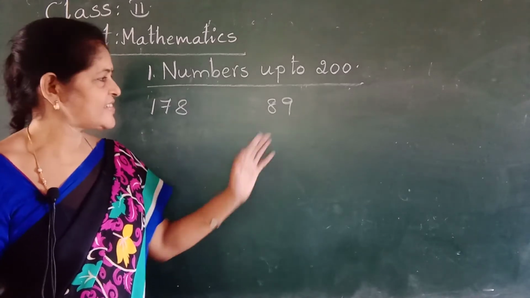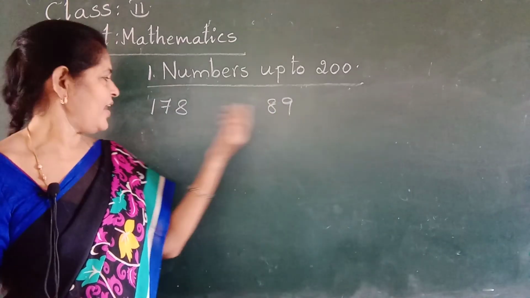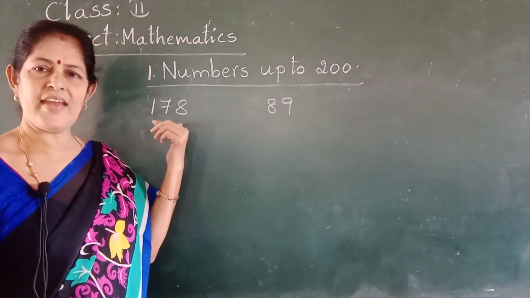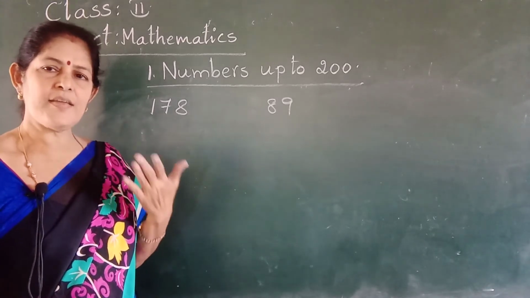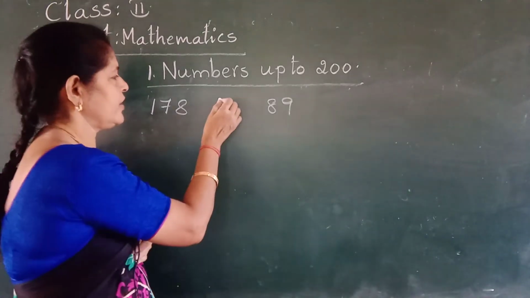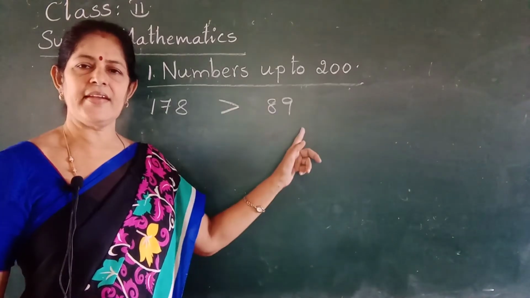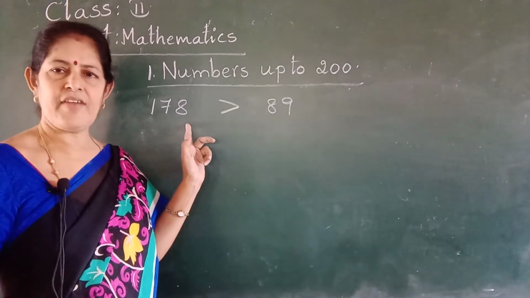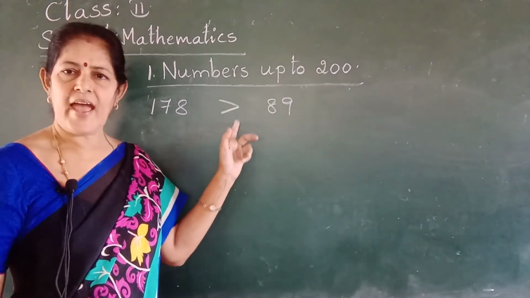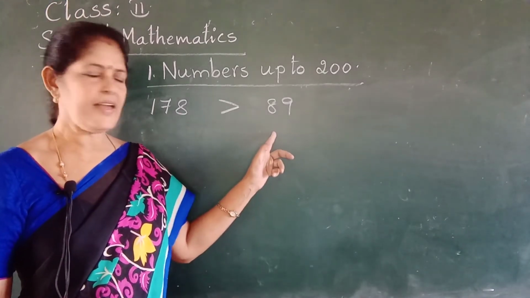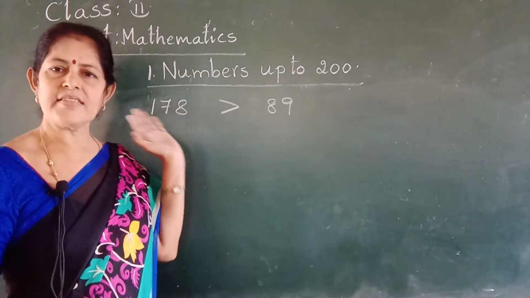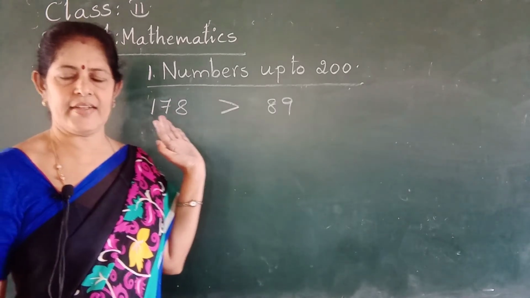That means 89 is small, 178 is big. Then which symbol are we going to keep? Very good. 178 is greater than 89. Isn't it? 89 is less than 178.